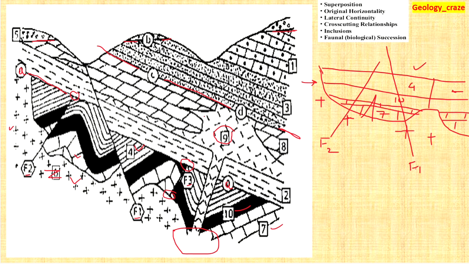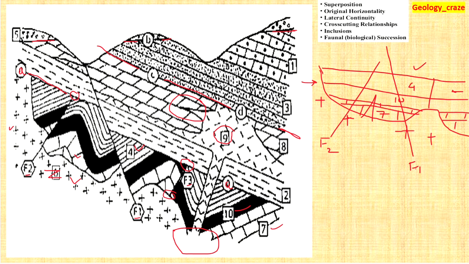Like here, if we talk about this intrusion, we have some tongue shape or apophysis, because it has to include something within that.